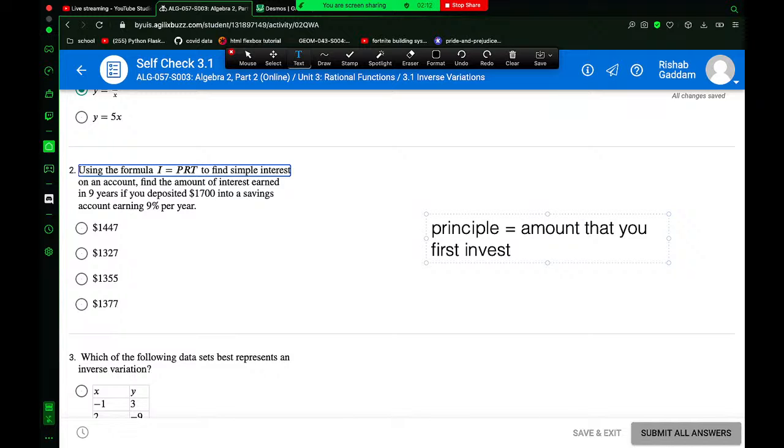They have a certain interest rate, and that's the amount that you earn per year.